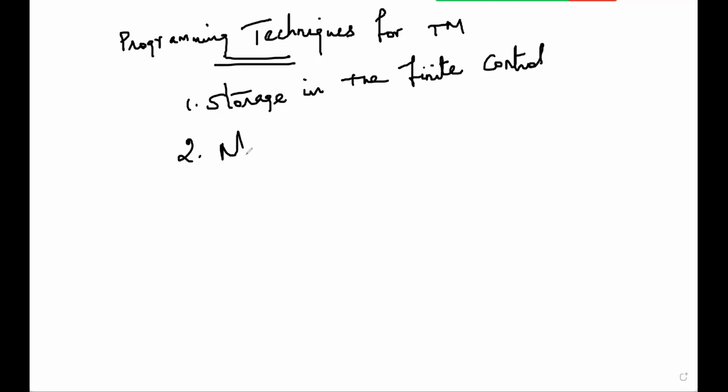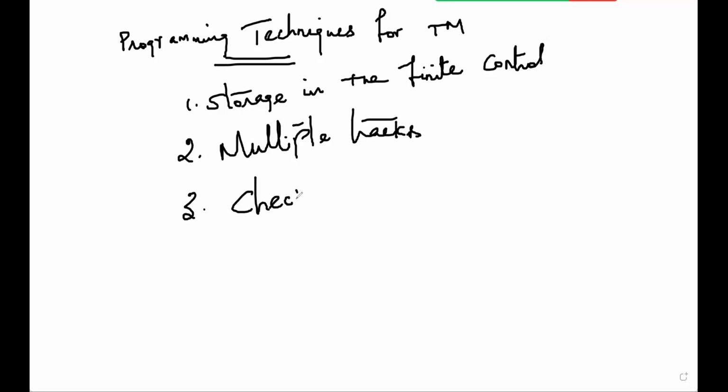Second one is multiple tracks. Third will be of checking of symbols. Fourth will be of subroutines.